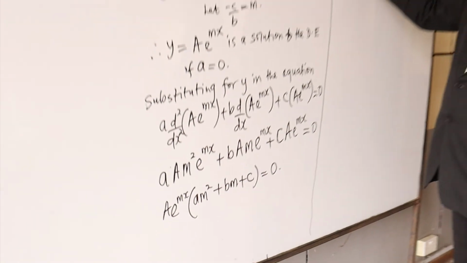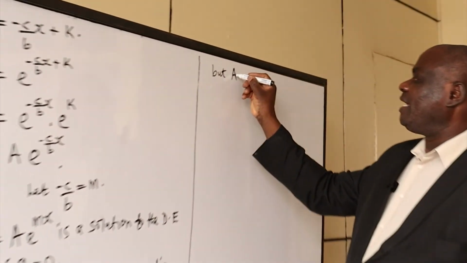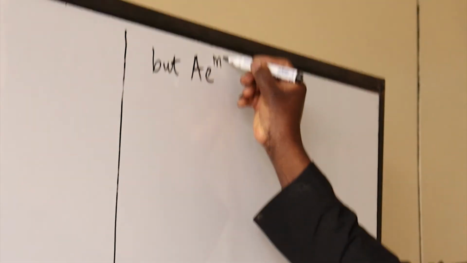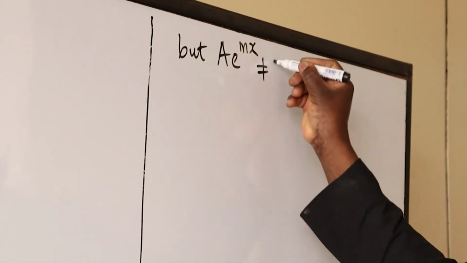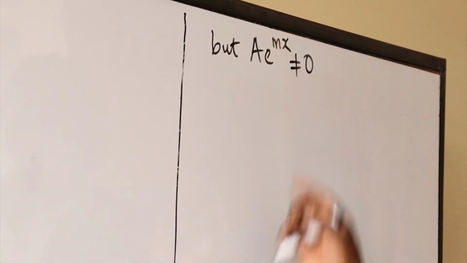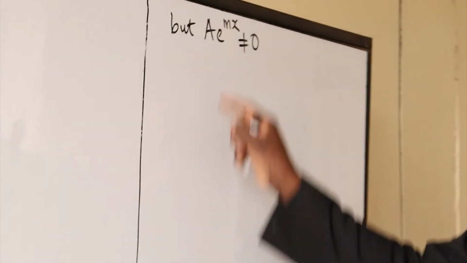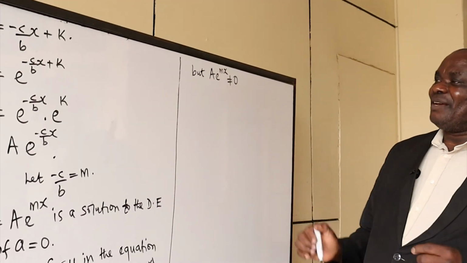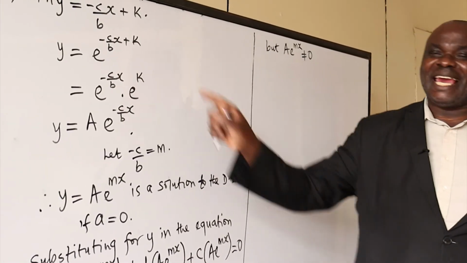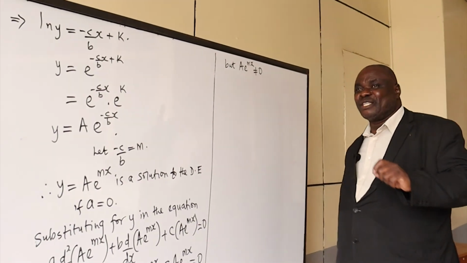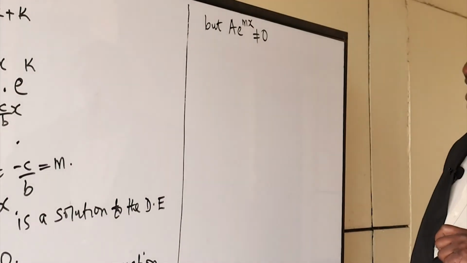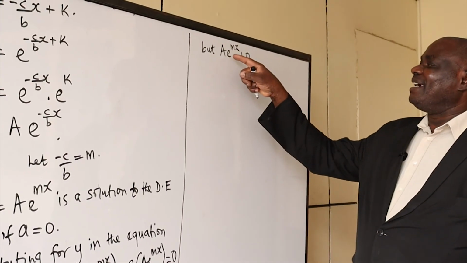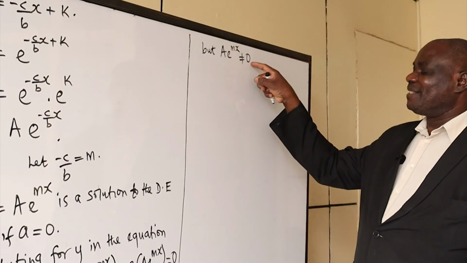But we know A e power mx cannot be equal to 0, since this A that we have here was e power K, and any exponential raised to any power cannot be 0.